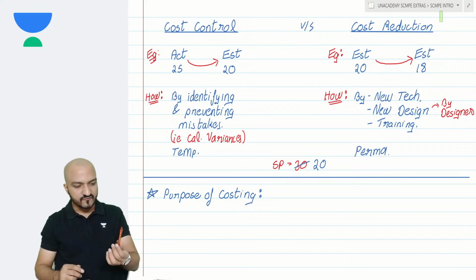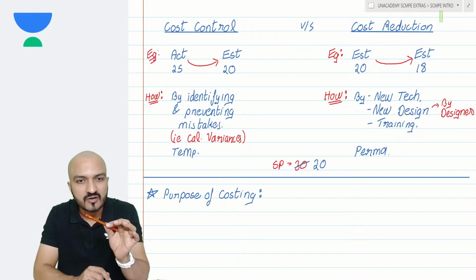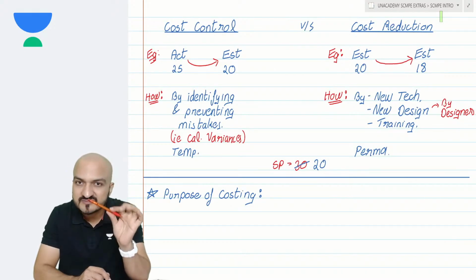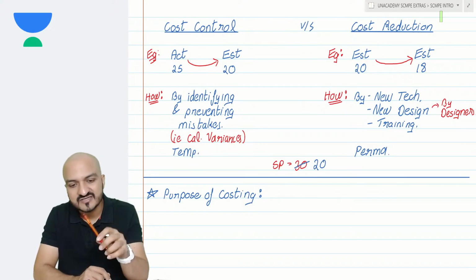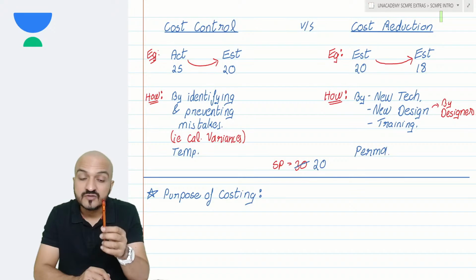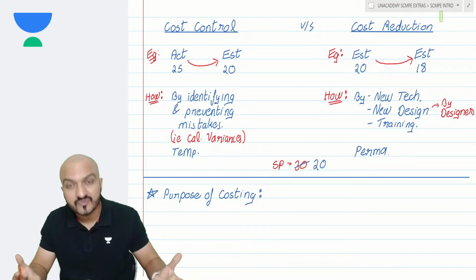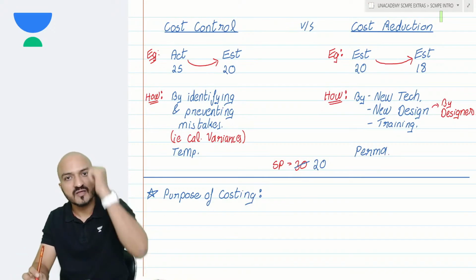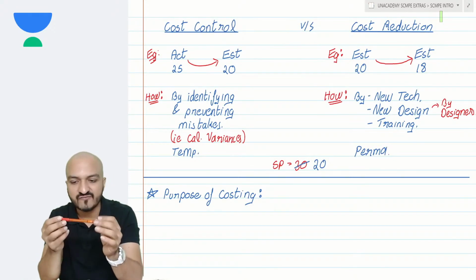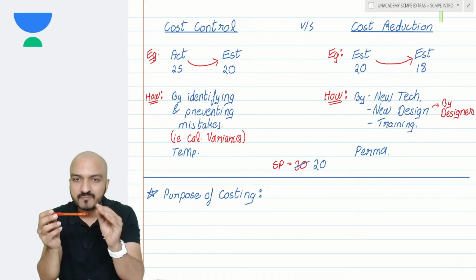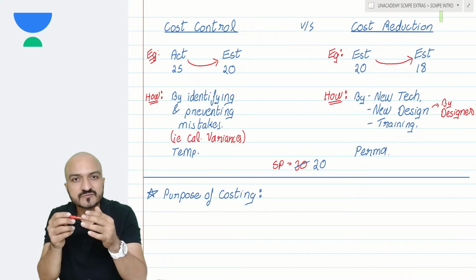What if in this product the majority cost is incurred on material? And when I ask the designer to change the design, the designer comes up with a new design which doesn't reduce material. The designer comes up with a design which will reduce labor. What if the designer created a new design of the product in which material consumed is the same but labor required is less? Will that actually save your cost?